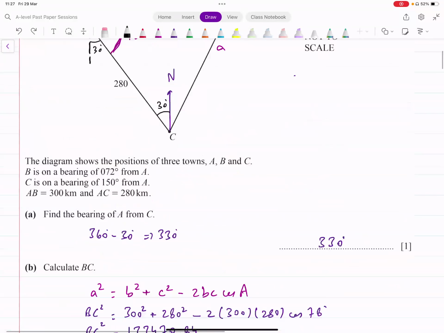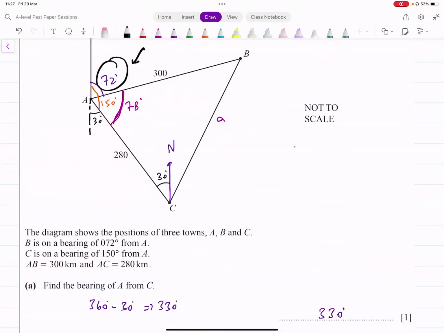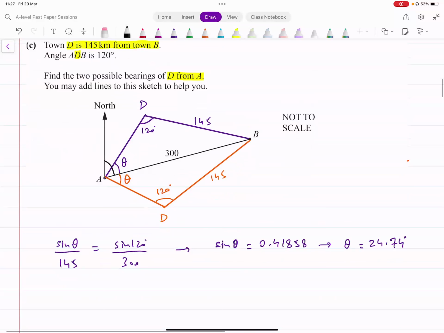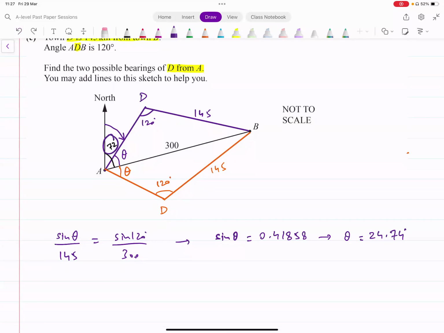Now comes in the angle that we were already given. We were given that the bearing of B from A is 72 degrees. So we know this complete angle is 72 degrees. If we want the bearing of this D from A, what would that be? We could subtract from 72 this angle theta. So from 72, if we subtract theta, we're left with the angle we're looking for. That's going to be the first bearing.